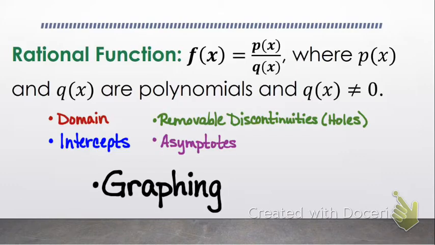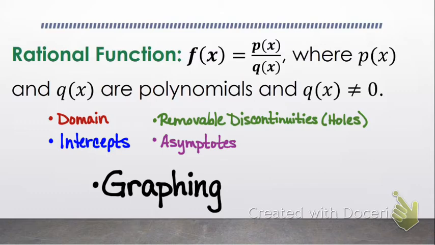So there are several things that we're going to talk about with regards to rational functions. We're going to talk about the domain, intercepts, removable discontinuities, holes, asymptotes, and then we're going to bring all of those pieces together and talk about graphing and actually do some graphing.